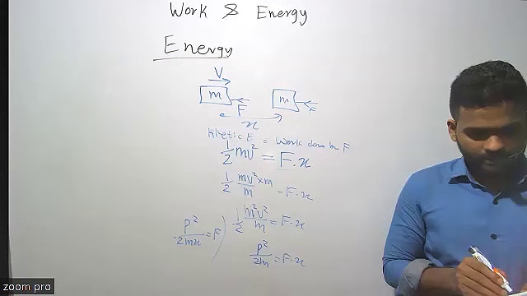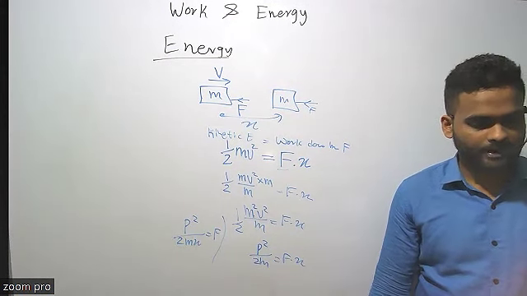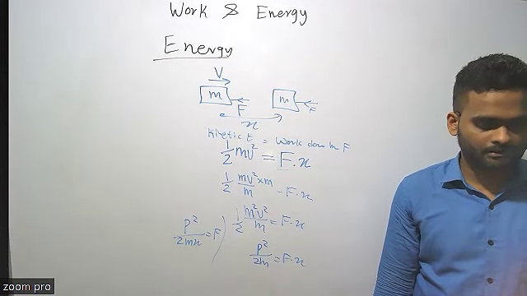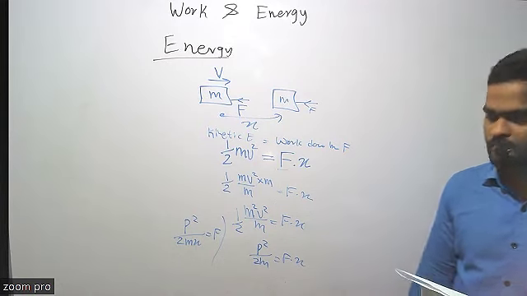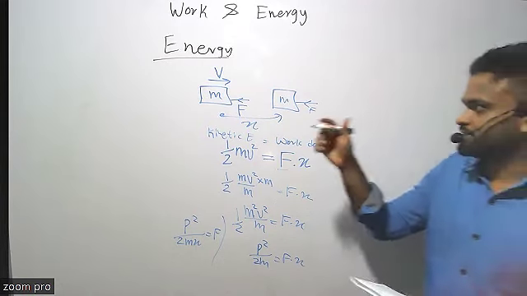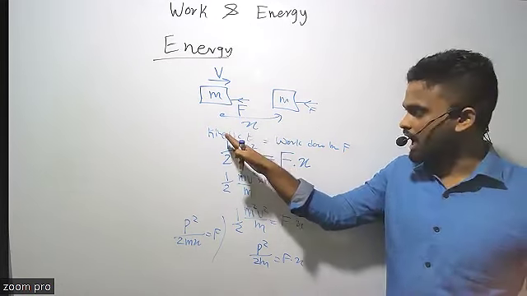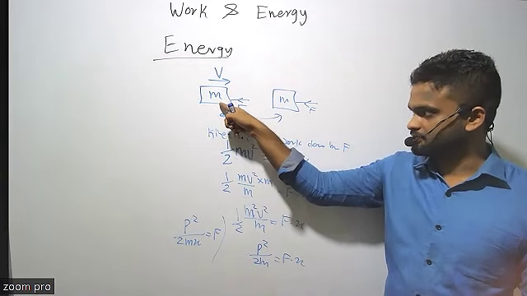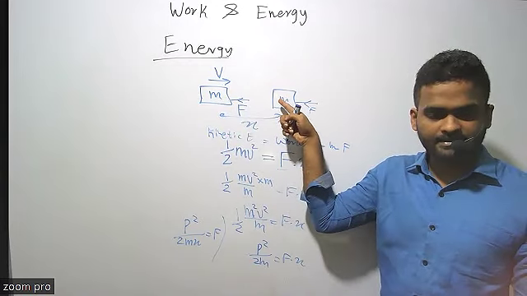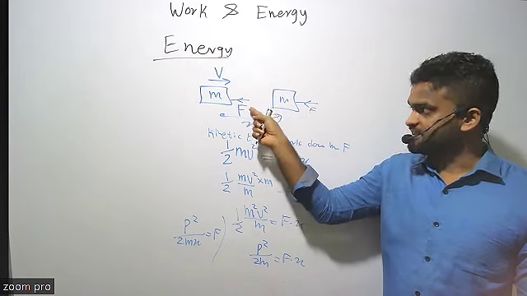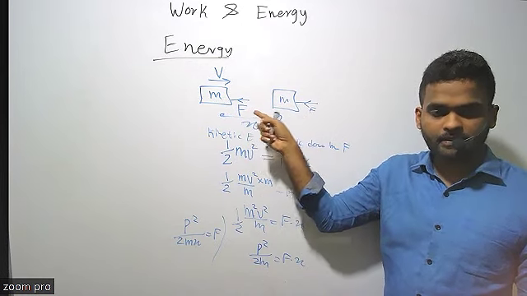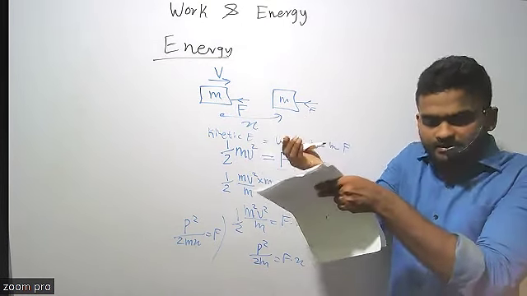Let me know if I have to explain again. So the first thing you have to understand is that kinetic energy of the system is consumed as work. This is a resistive force, right? So resistive forces always consume the energy.